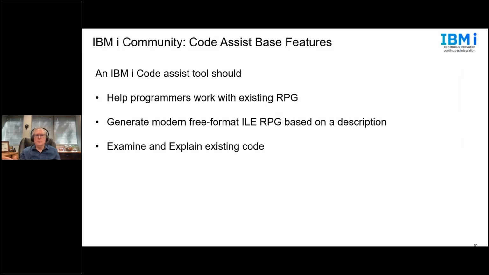Now, if any of you are programmers out there, you know the effort that goes into picking up a piece of code that was written by someone else. First of all, people 20 years ago did not, and 30 years ago did not, document their code as well as they ought to have to be able to pass along the knowledge of what the code is doing to somebody 20 and 30 years later.